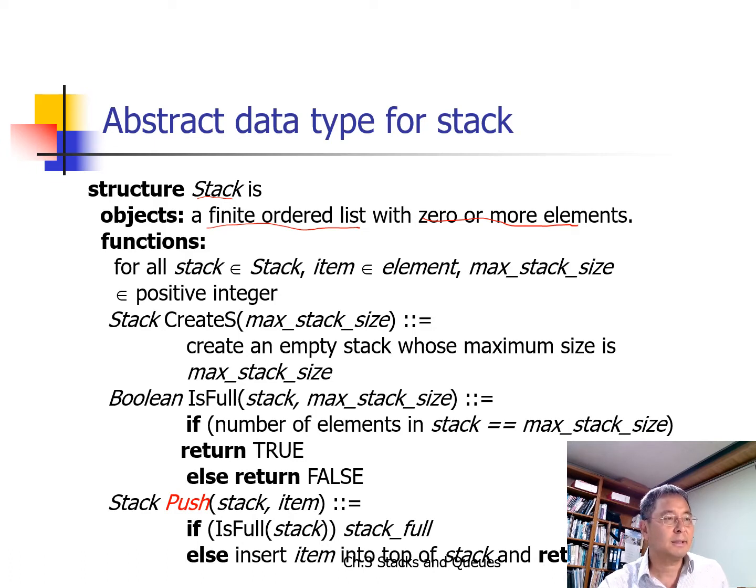But in operation, in function, it has its special characteristics. So among them, push operation is the most typical one. So push operation will insert an item into the top of the stack and return.